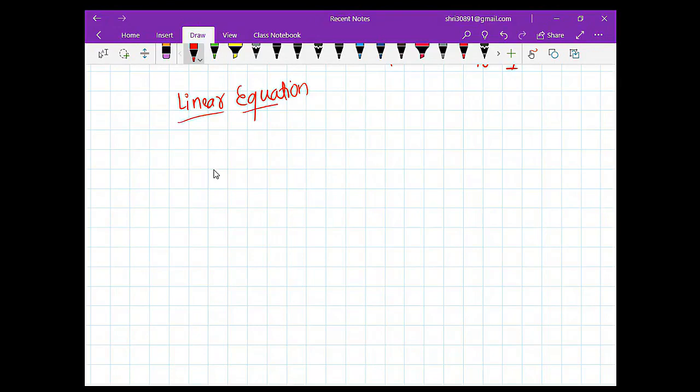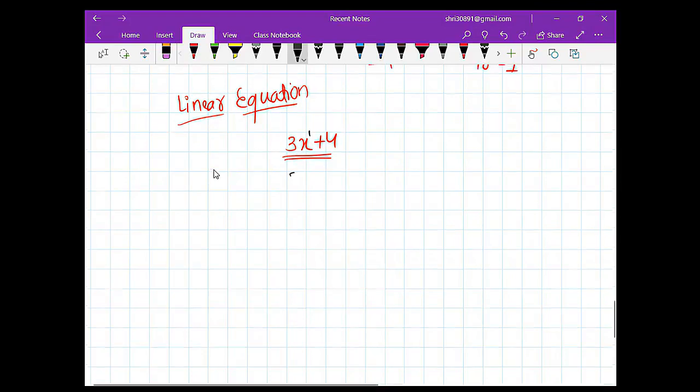See what is meant by linear equation. Already we know that 3x plus 4 is a binomial because it has two terms. Observe here the power of x is 1. If there is no power written, it means the power of x is 1.